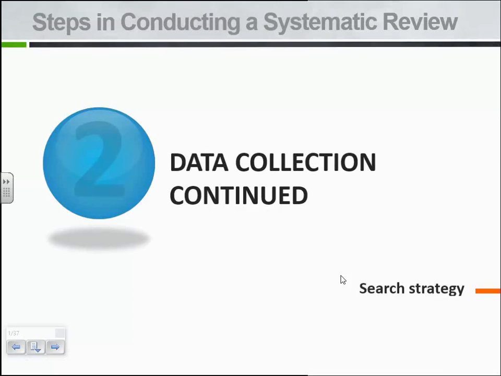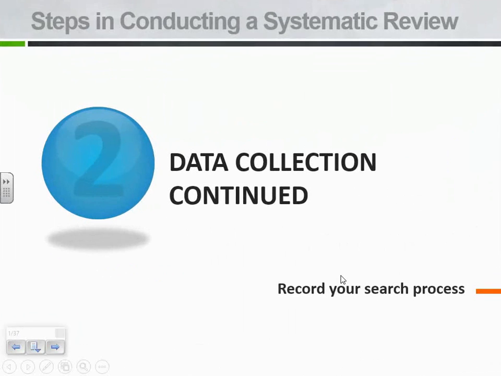Okay, data collection continued. Record your search process. That's very important. You have to be explicit about that. And keep track of what you find, including the time frame within which you found it. So make clear notes for yourself. In a systematic review, it's important to keep track of and explicitly describe your search process, as other researchers will want to look into that.